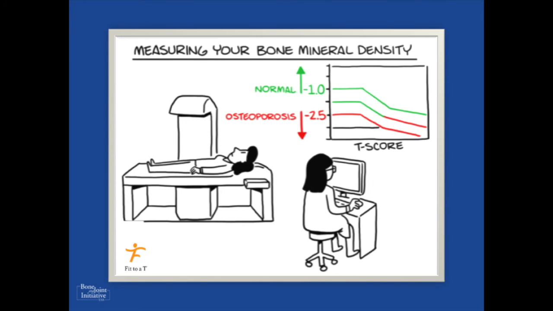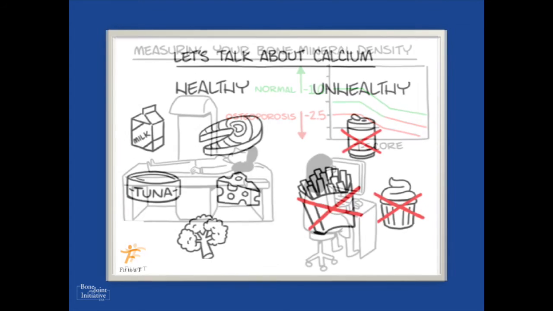To have osteoporosis, your T-score needs to be minus 2.5 or lower, or more negative. The bone density test is recommended to be repeated approximately every 24 months or once every 2 years. We can often repeat the test sooner if it is clinically indicated.